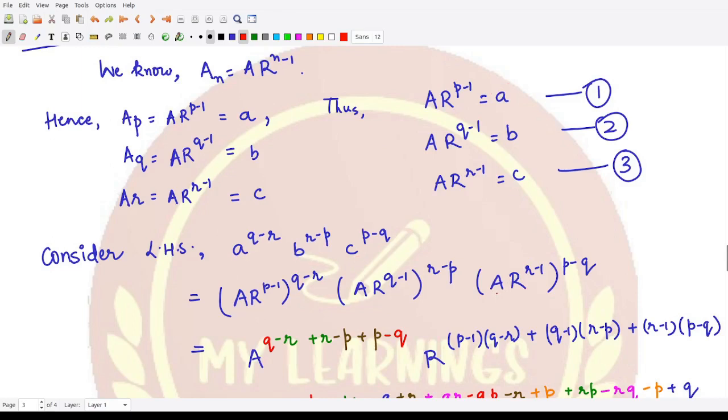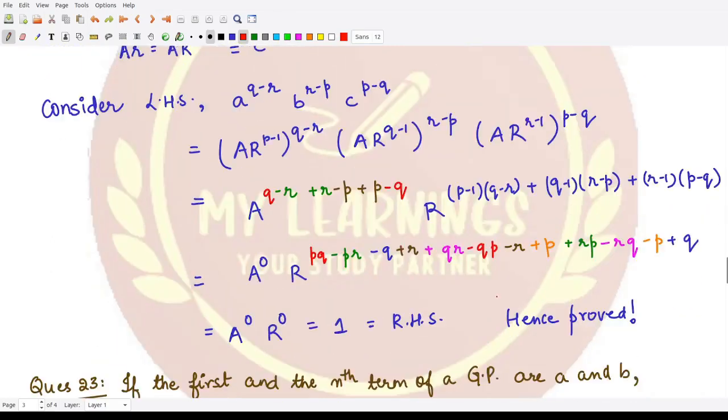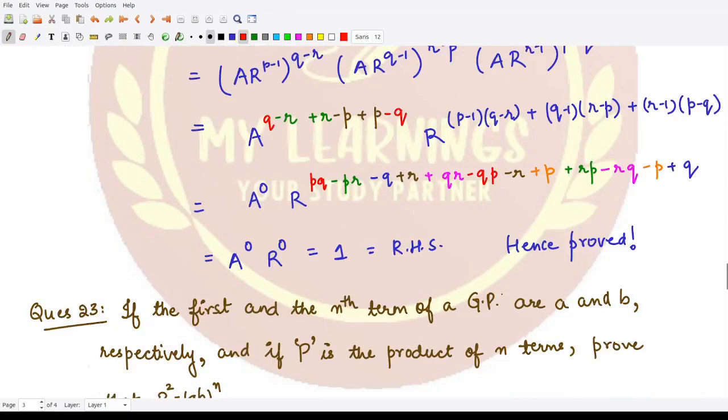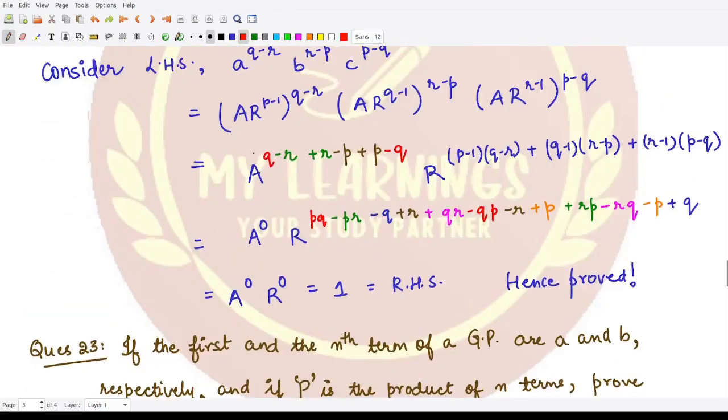Once you substitute all the values using equations 1, 2, 3, we need to simplify the powers. So here you can very clearly see that the first term A here has the power q minus r, the first term A here has the power r minus p, and the first term A here has the power p minus q. So that means you can take A raised to power all these powers added together, right?